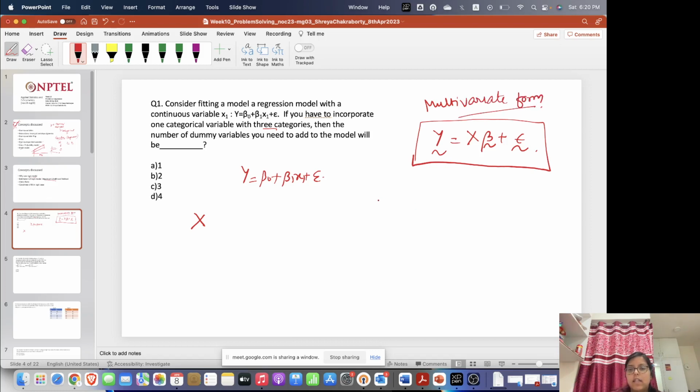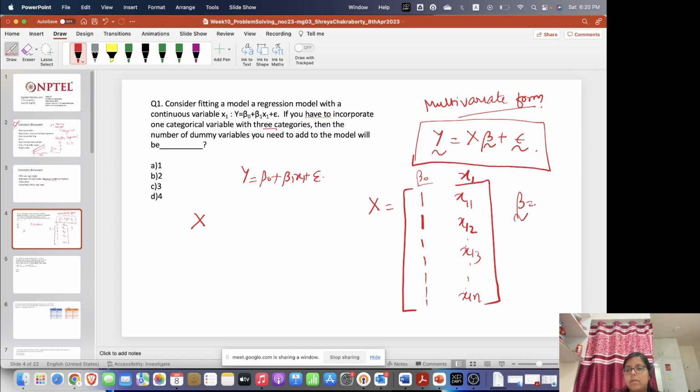The X matrix would have a first column of 1s corresponding to the intercept term beta naught, and the second column would be x11, x12, x13, dot dot dot x1n, corresponding to the term x1.